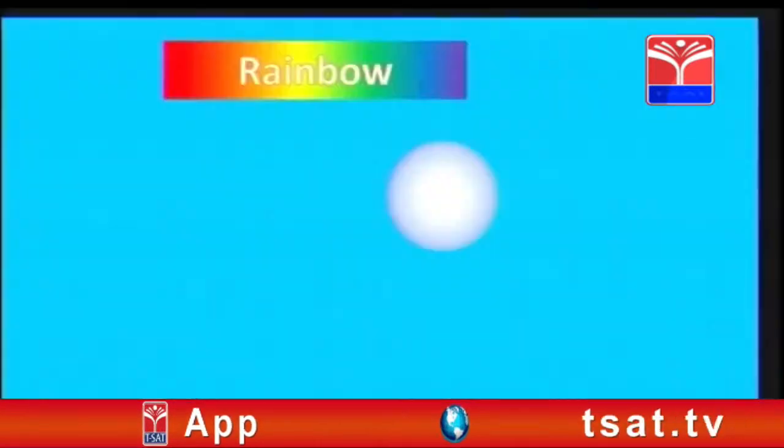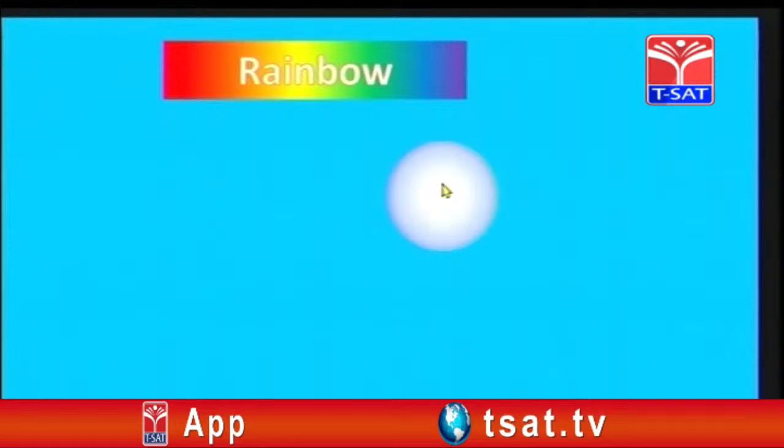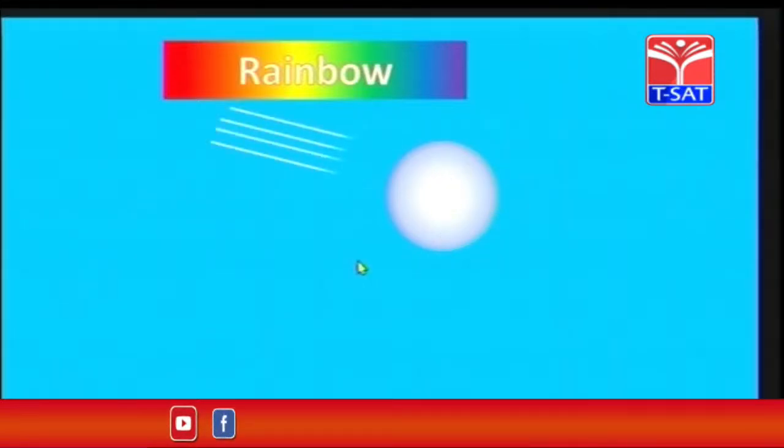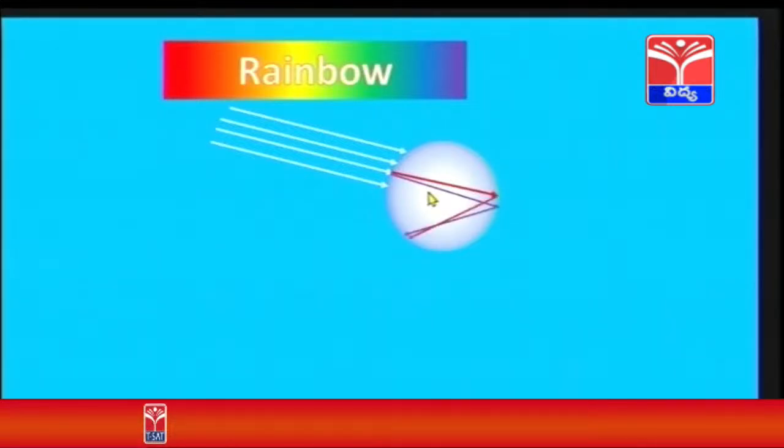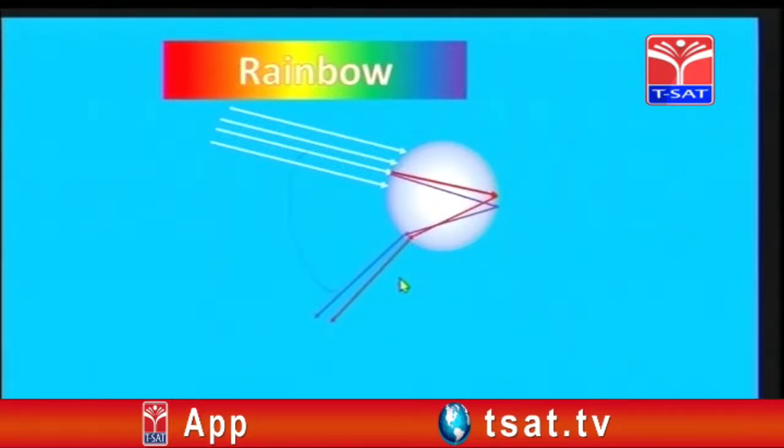See here children, observe this picture. Here there is a water droplet. I am taking only a single water droplet. When the sunlight is incident on this water droplet, the light rays are dispersed inside the water droplet and emerge out as the whole spectrum of colors. Here are the red light and violet light.